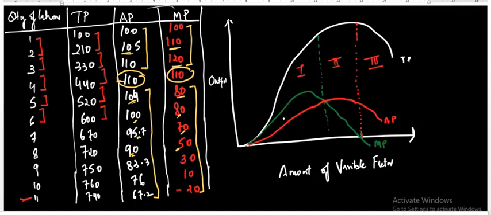Let me say it again. When average product is rising, marginal product is more than average product. When average product is maximum, marginal product is equal to it. When average product is falling, marginal product is less than it. Now, let me explain this law and all the three stages in detail.